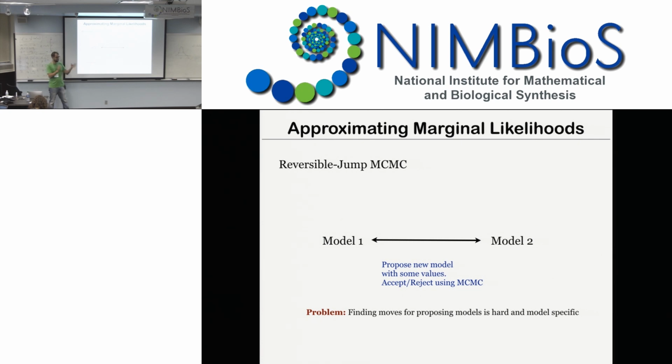I could say that one model, the simple model, has a correlation of 0, and the other one has a correlation that is drawn from my prior distribution. Then I use reversible jump to jump between model 1 and model 2, and depending on how often I sample which model, that gives me directly the posterior probabilities of the models.